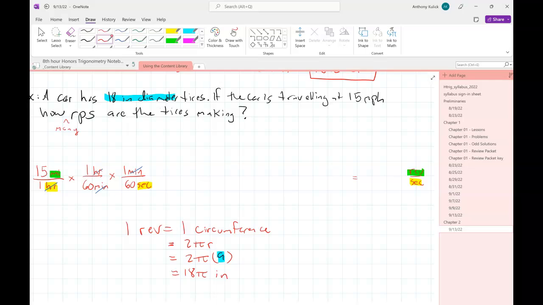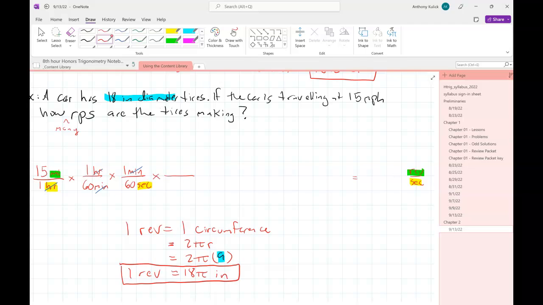So one revolution then is 18 pi inches. But what linear unit am I in? Miles.